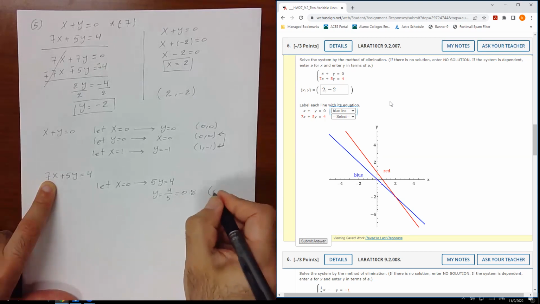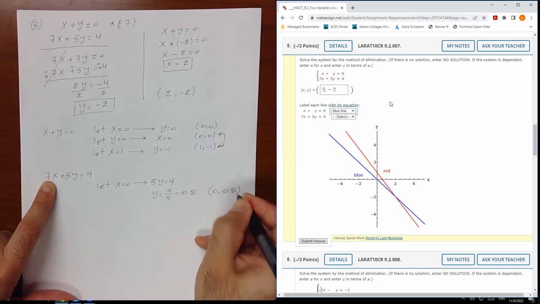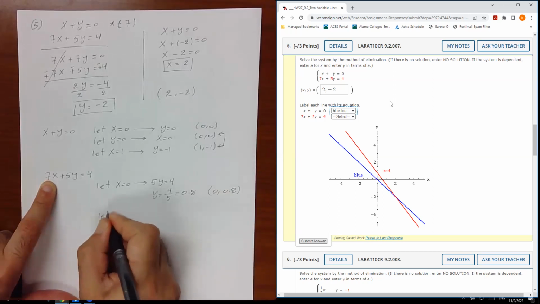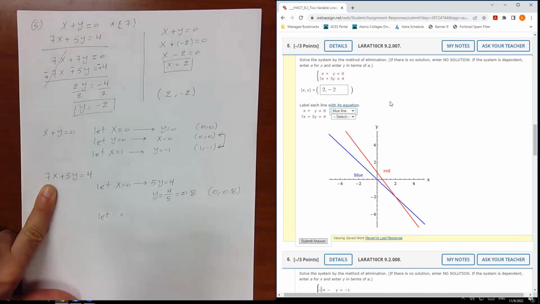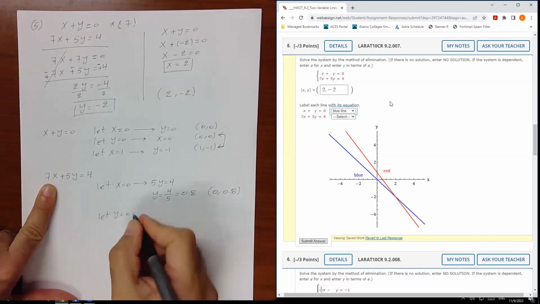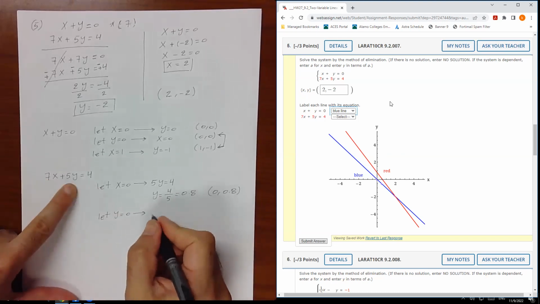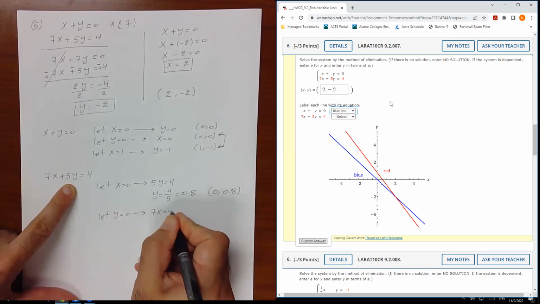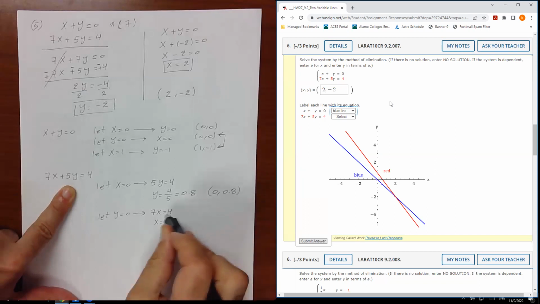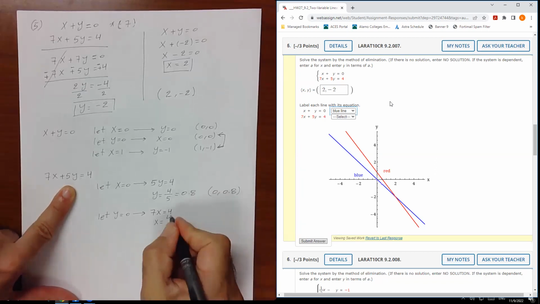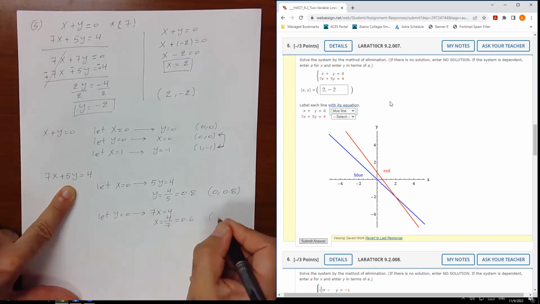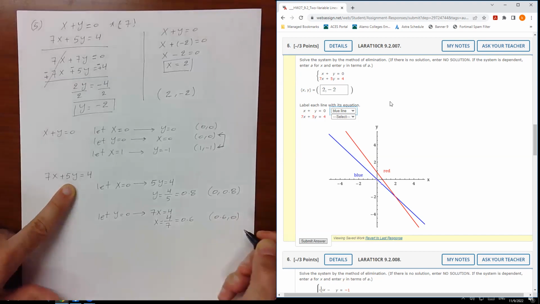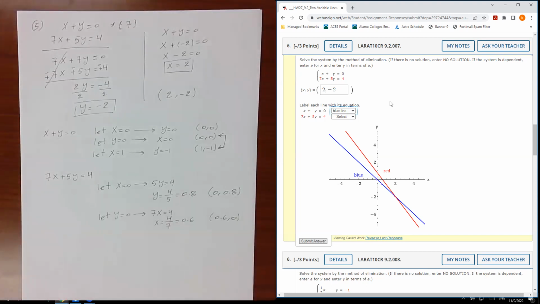That means the point is x is 0 and y is 0.8. Now the second one, we're going to let y equal 0, so 7x equals 4. That means x is going to be equal to 4 over 7, which is about 0.6. So it's going to be 0.6 with the 0. So here is the intercept. In this case, you can graph the line.